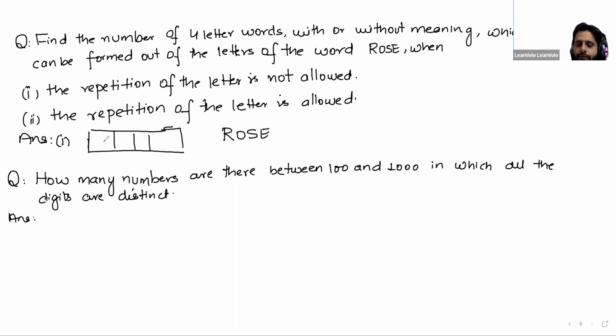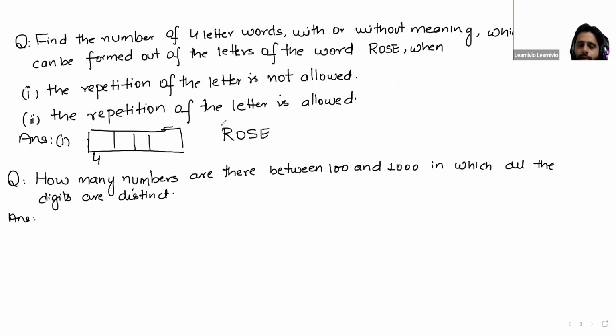Can you tell me in the first block, how many options do you have? No, you have 4 options. R, O, S, E. You can use any of the alphabets. So you have 4 options.